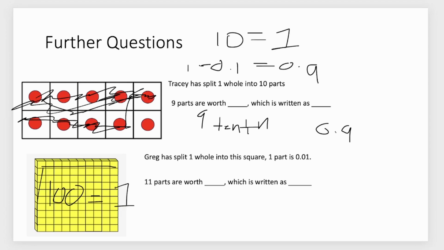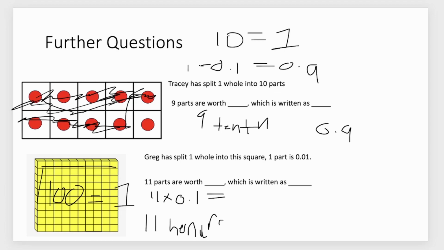So bearing this in mind, 11 parts are worth how much? So if we do our 11 times our 0.1, that's the equation that we're going to need for this. But our 11 parts are worth 11 hundredths, right? 11 hundredths, because there are 11 parts that we need to select.